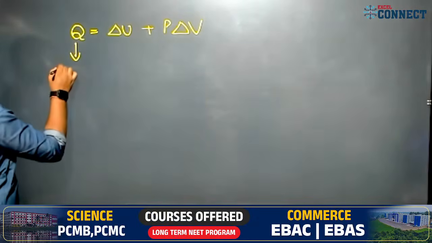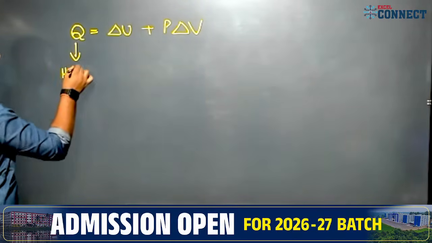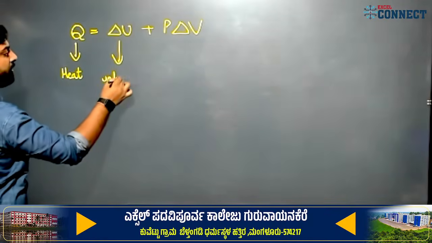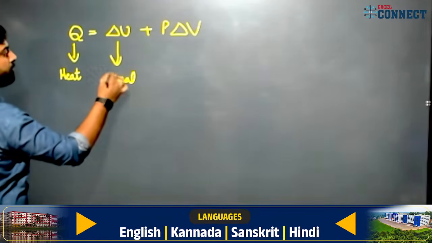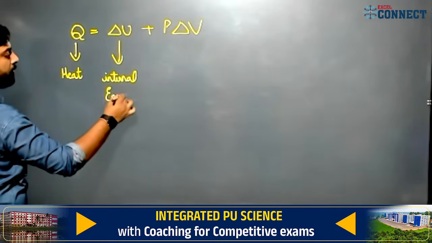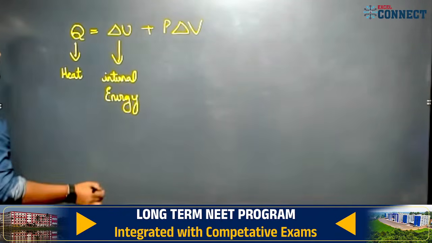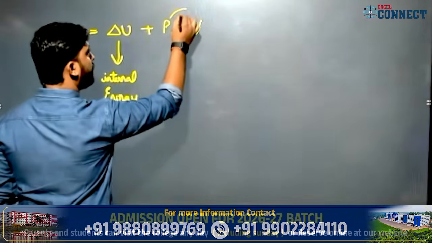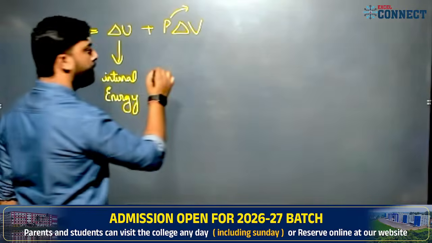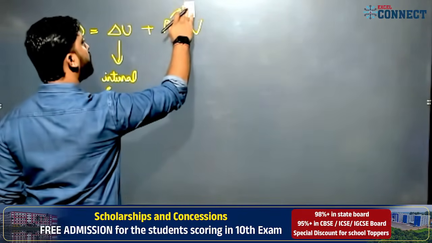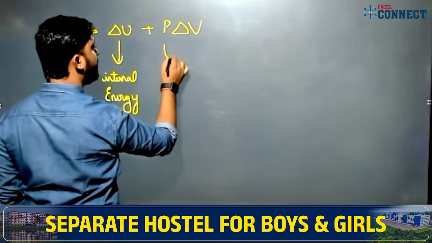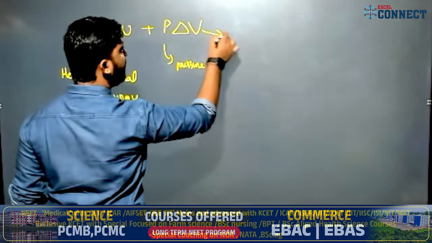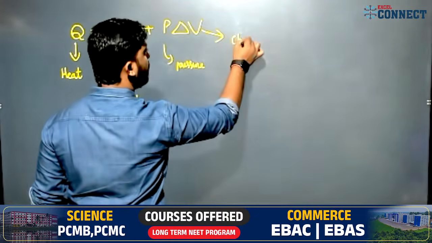Here Q is heat, delta U is internal energy, P is pressure, and delta V is change in volume.